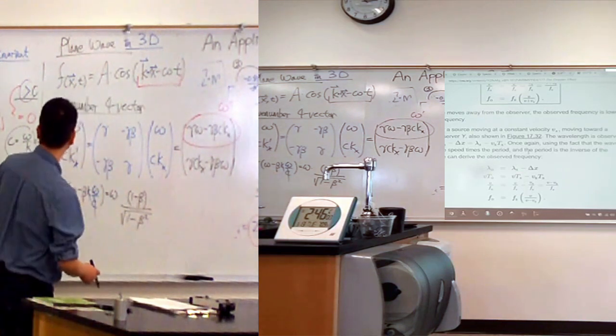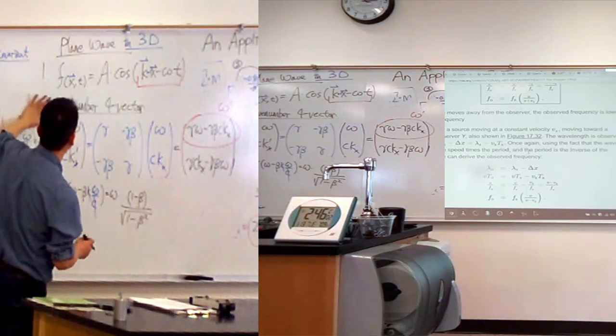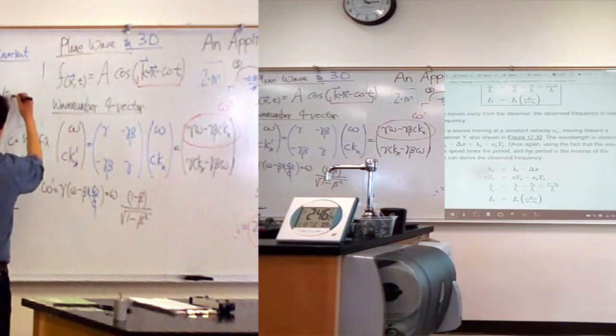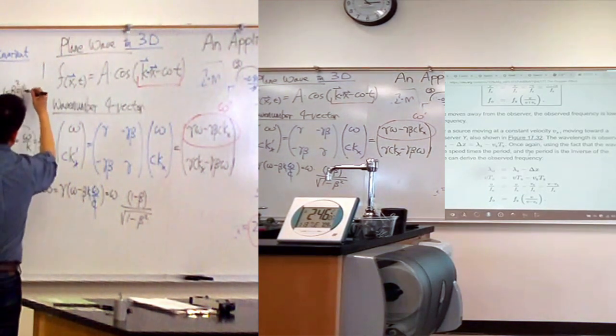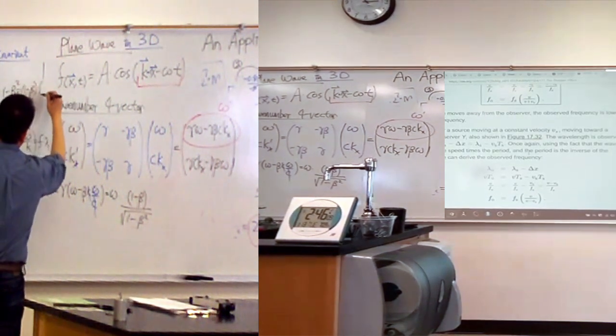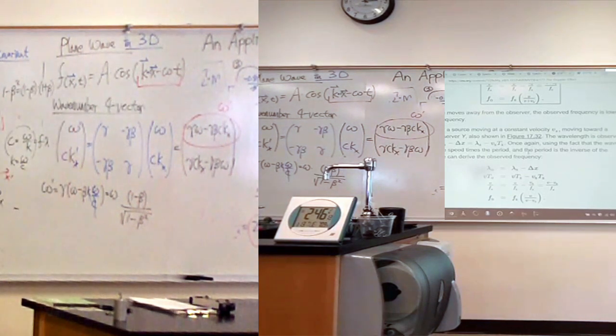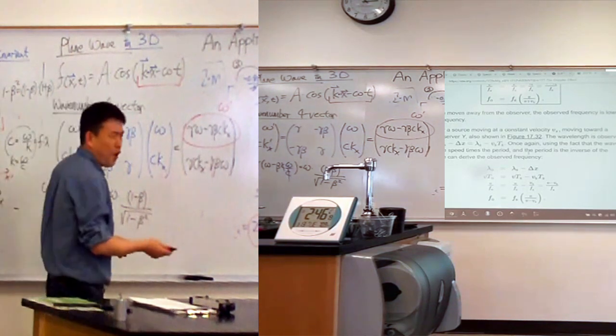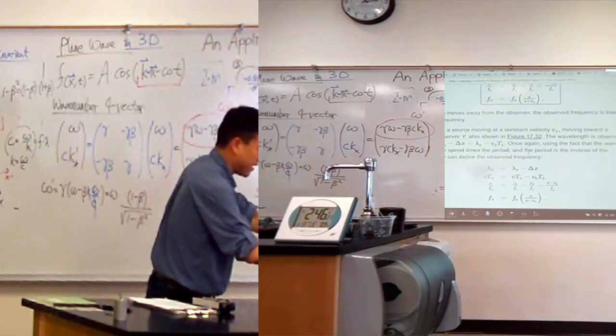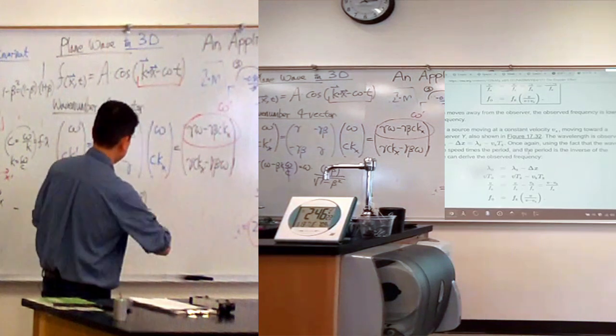I don't do that often, but this is valid algebra. 1 minus beta squared is equal to 1 minus beta times 1 plus beta. Right? That's the correct factorization of that expression. So let me do that. I don't do this often because often it doesn't really give you anything useful. But this is an exception.